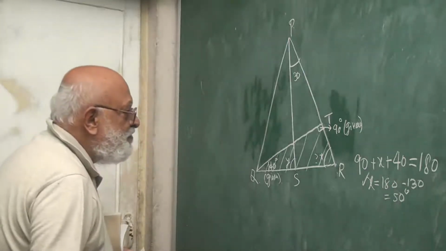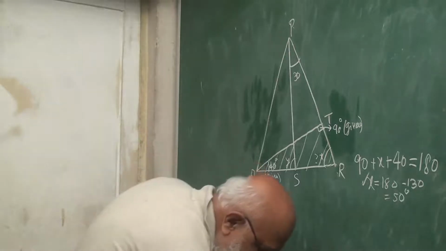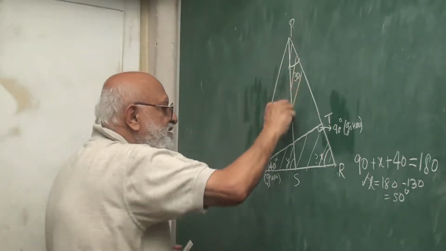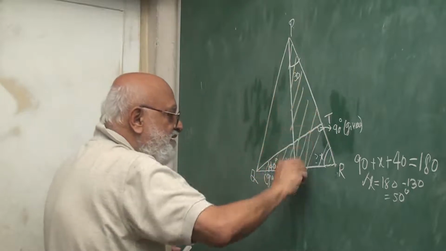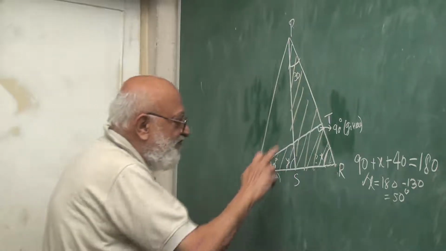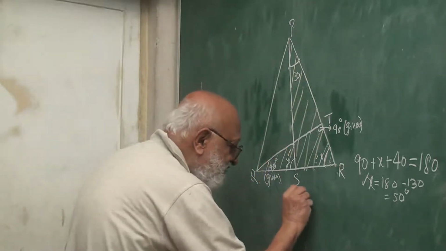Now let us look at this particular triangle. This also is a triangle. If I take advantage of this, I can say Y is an exterior angle.